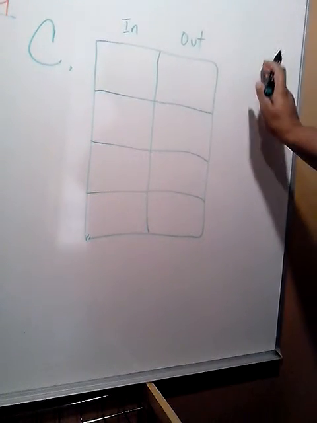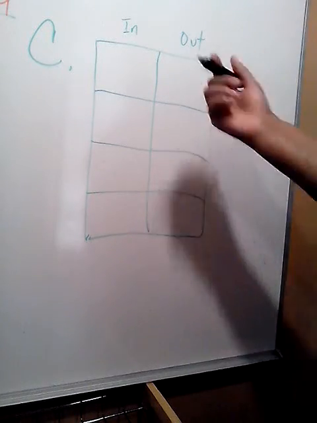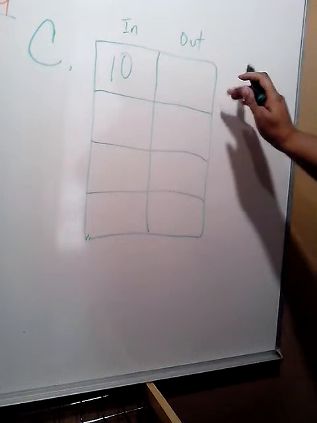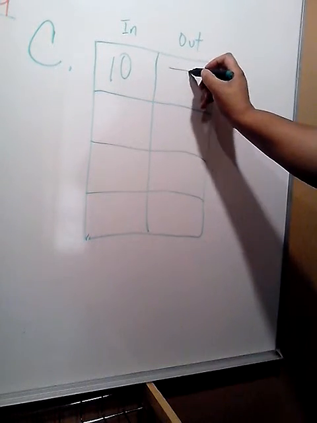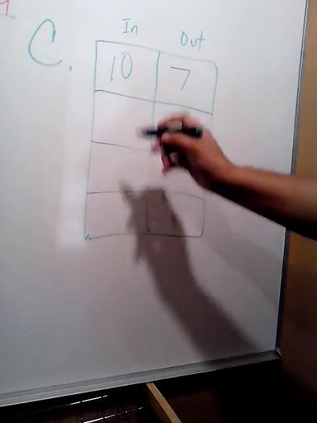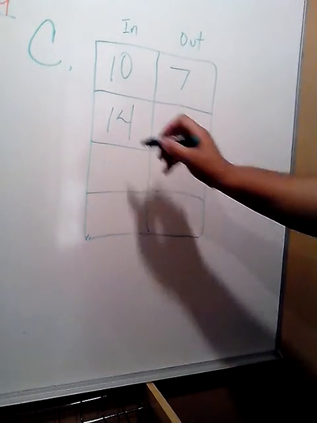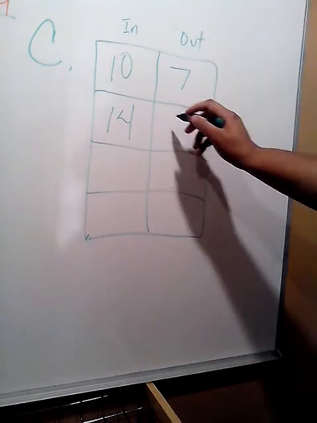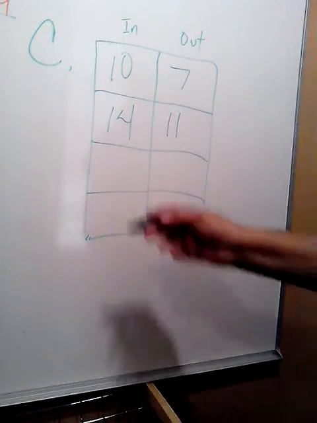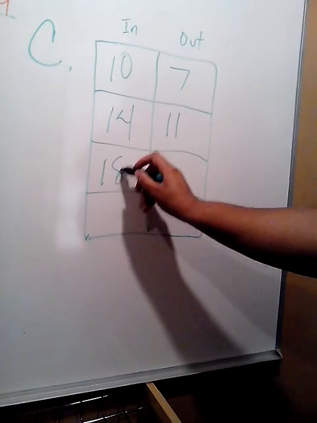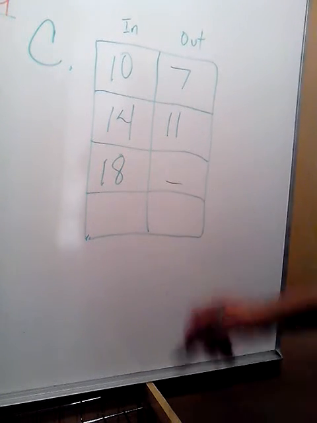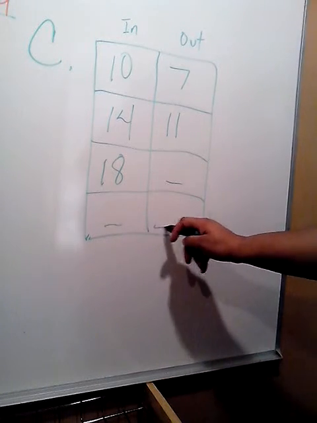It still works with the rule. So let's say I put in 10 and I got out 7. I put in 14, I got out 11. I put in 18, what will I get out here? And then give me 2 that will work here.